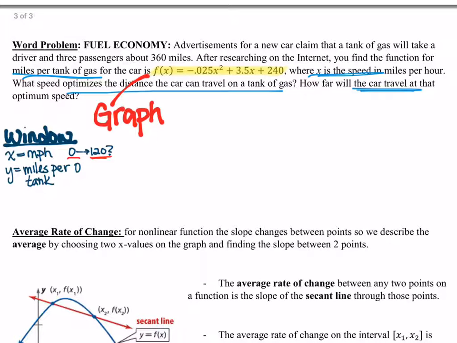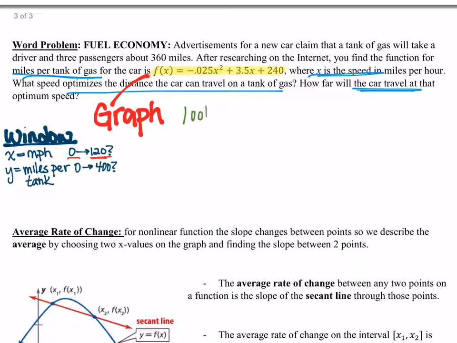So think about how long they can go without getting gas. My car's pretty new, so I get between like 350 and 450 depending on how fast I go and highways versus back roads. So I'm going to go right in the middle there. I'm going to go 400 for miles per tank of gas. And this is just a starting point. If we can't see a lot of the graph, then we're going to try again.